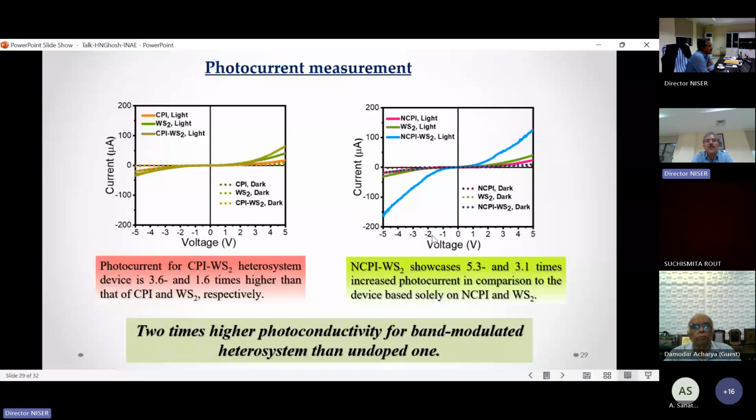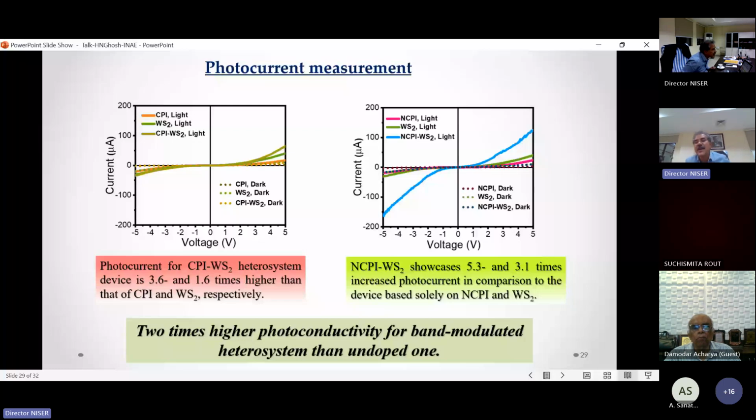As we are saying, charge separation is very effective in nickel-doped NCPI and WS2. So we did that, and in the case of CPI and CPI WS2, we really did not see much difference.